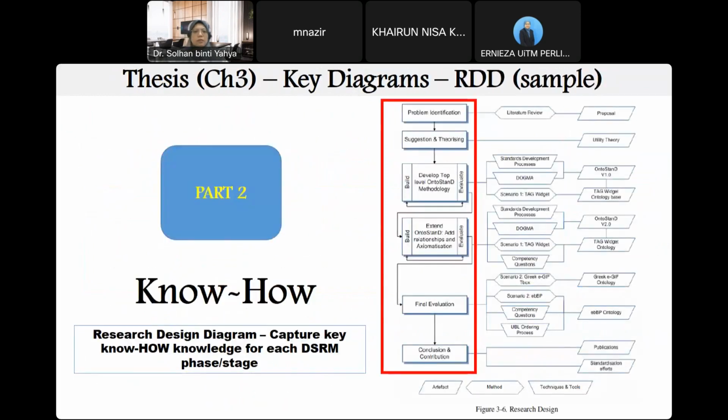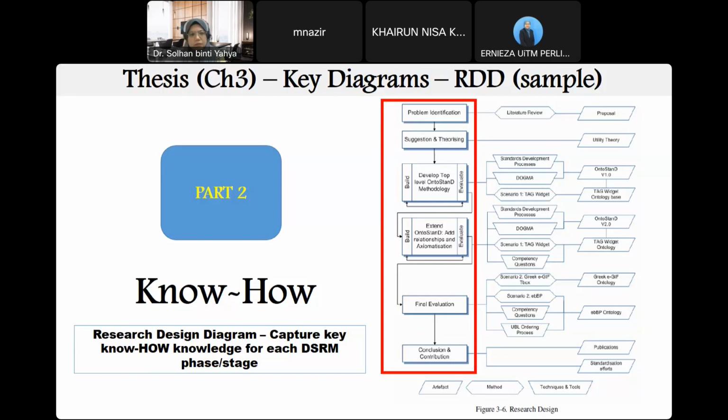So when you apply your design science framework, you need to synthesize your research design diagram, right? So another diagram that students must have is a research design diagram, capturing key know-how knowledge for each design science research methodology phase or stage.